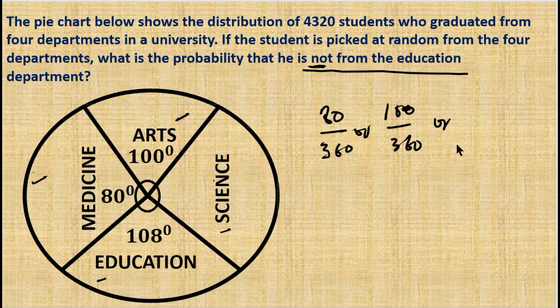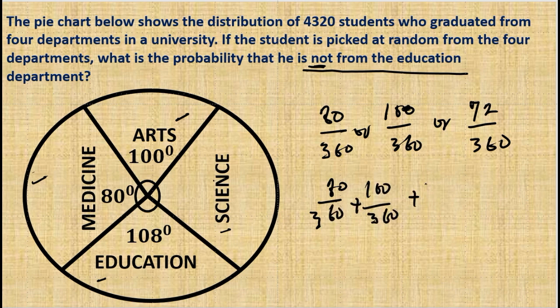For science, we have to look for the percentage, which is actually 72, so that's 72 over 360. So that will be 80 over 360 plus 100 over 360 plus 72 over 360.